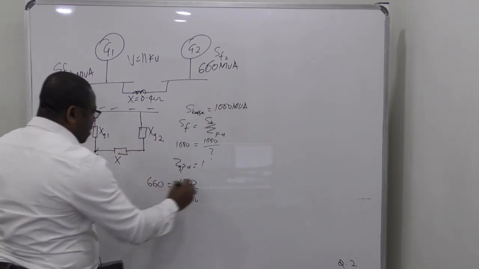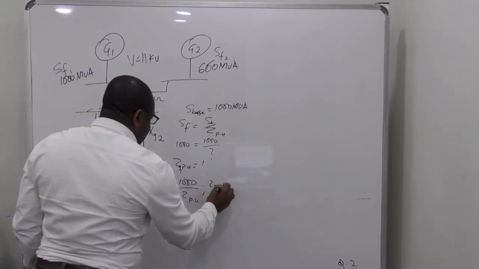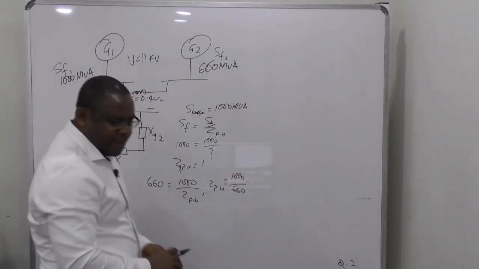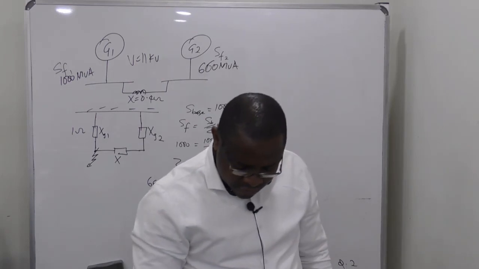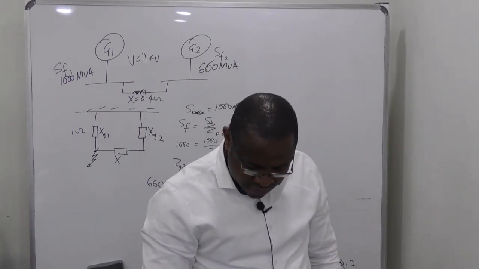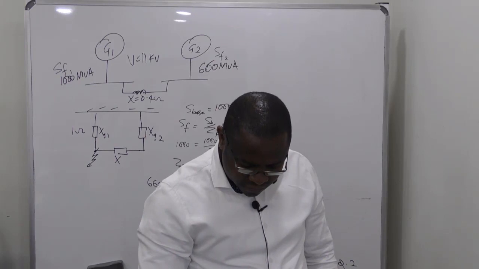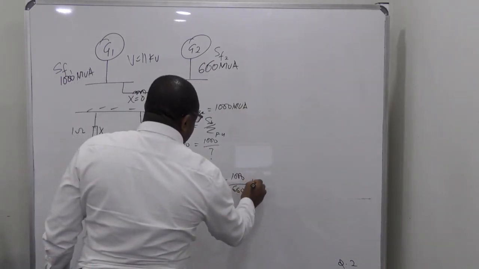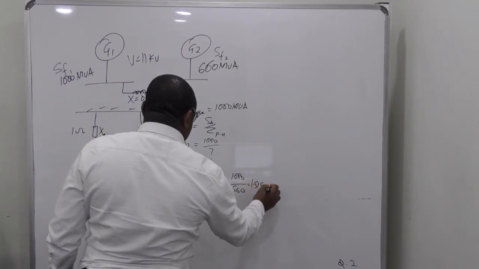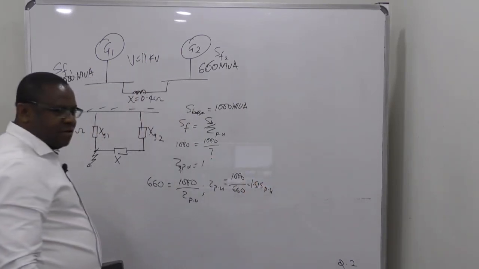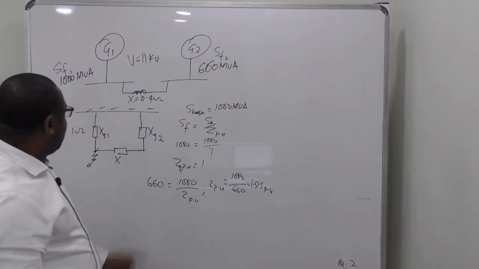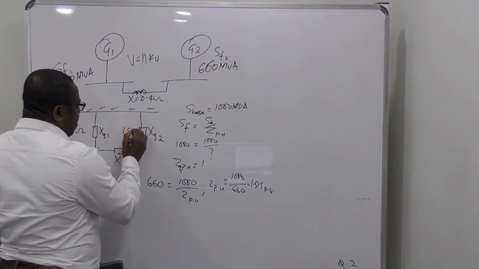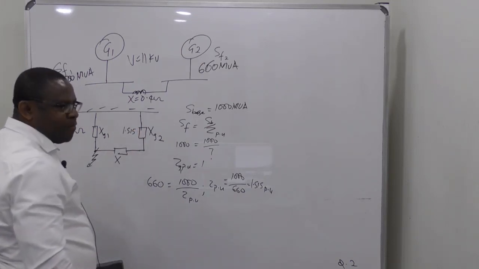So you can now take that Z in per unit is 1000 divided by 660, which is 1.515. All right, so this is the impedance of this in per unit, 1.515. Did you get that?